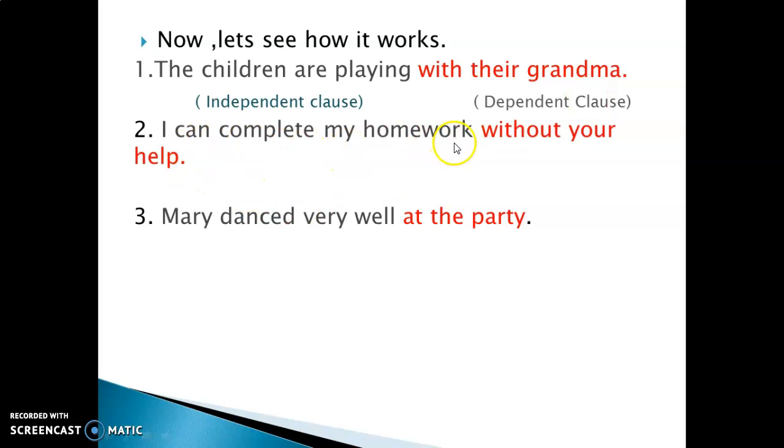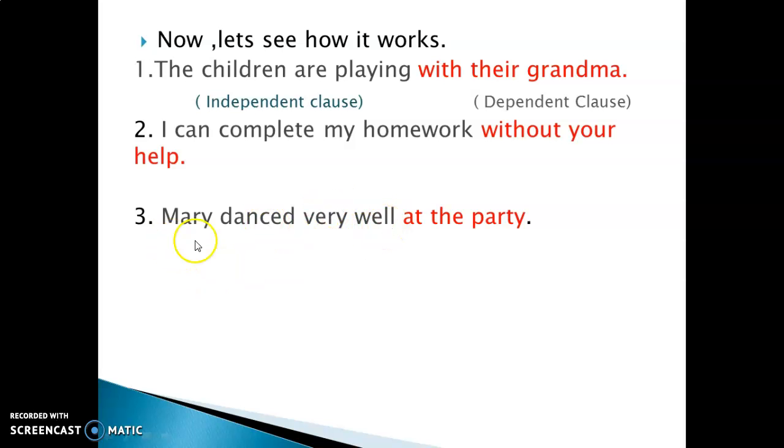I can complete my homework. It can make sense on its own. Without your help, cannot make sense on its own. That makes this part, highlighted in red, a dependent clause. Mary danced very well. Up to there, it makes sense.